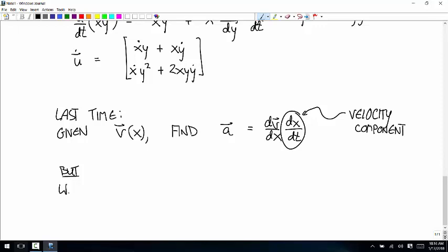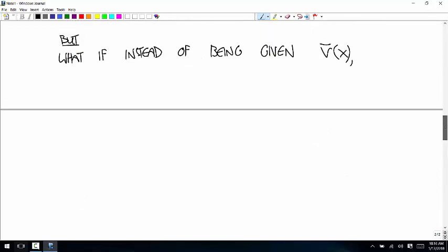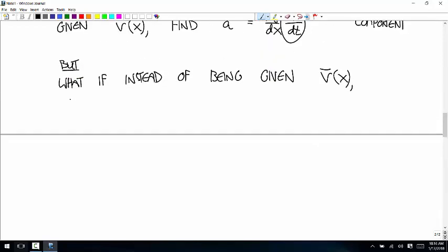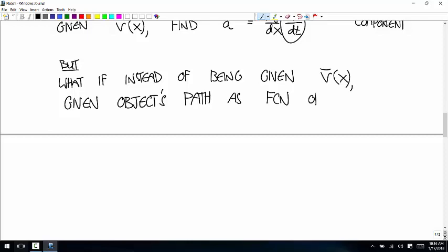What if, instead of being given the velocity vector as a function of x, you're given the object's path as a function of x, and its speed is a function of x.